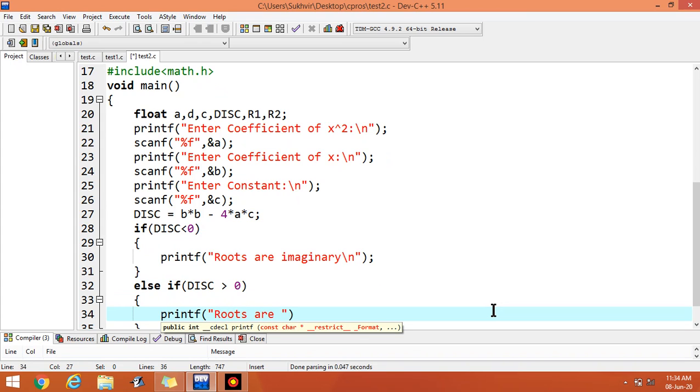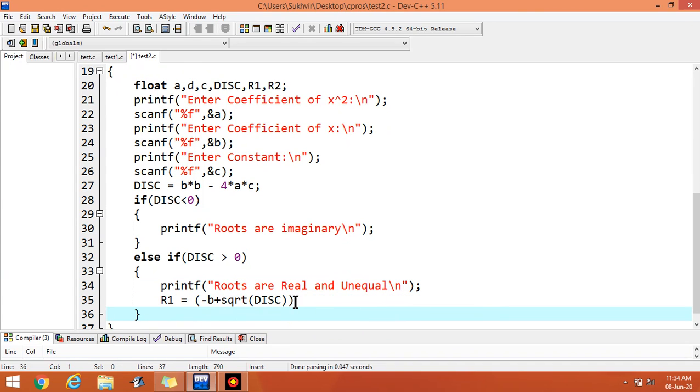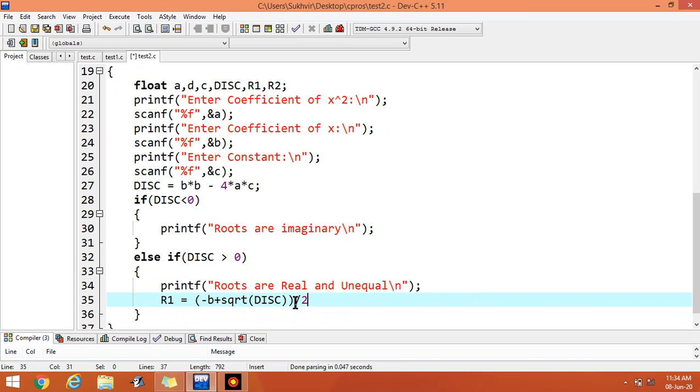Printf roots are real and unequal. Then R1 is equal to minus b plus square root discriminant, then divided by 2a.